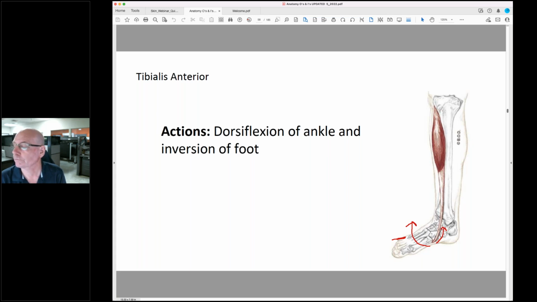Okay. Dorsiflexion of the ankle and inversion of the foot.